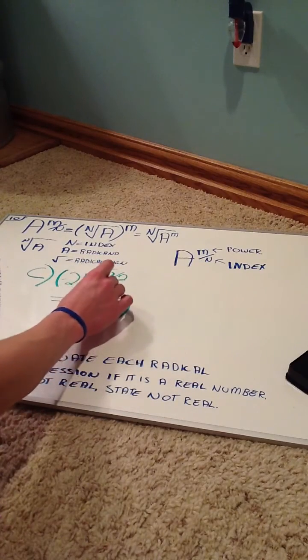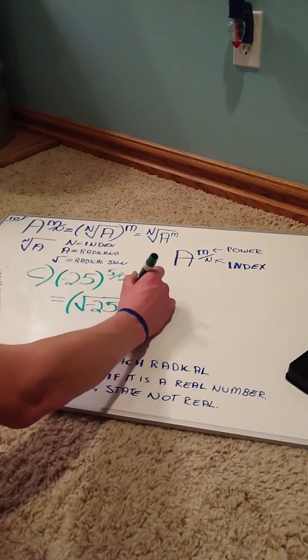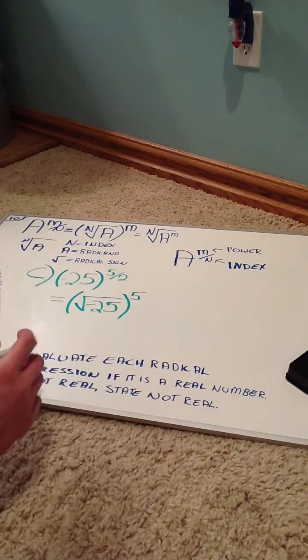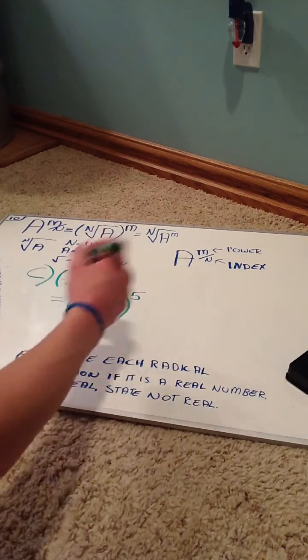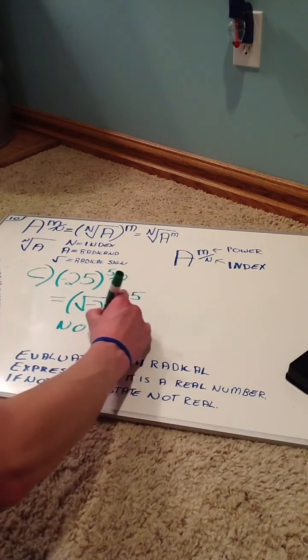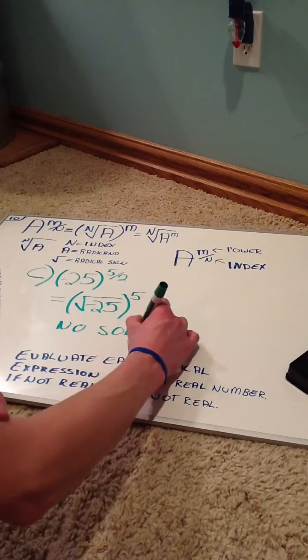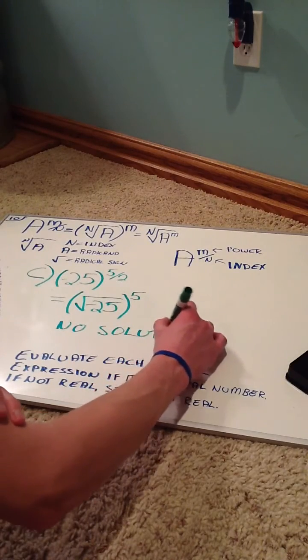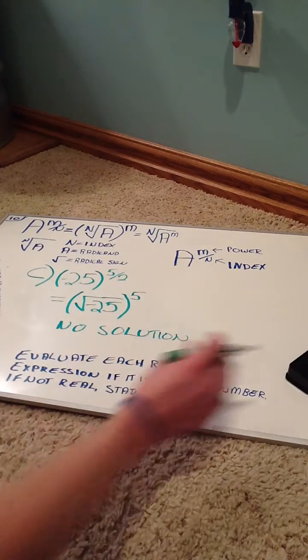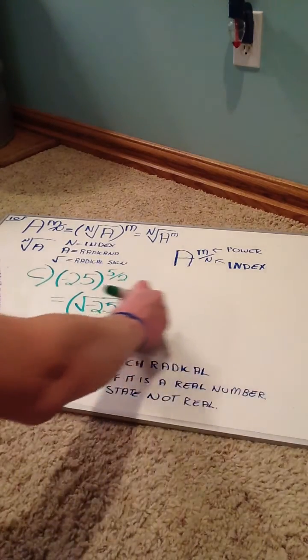Again, our index, which is 2, so it's assumed, to the 5th power. We can stop right here, though. The answer to this is no solution. That's because no number times itself is going to equal a negative number.